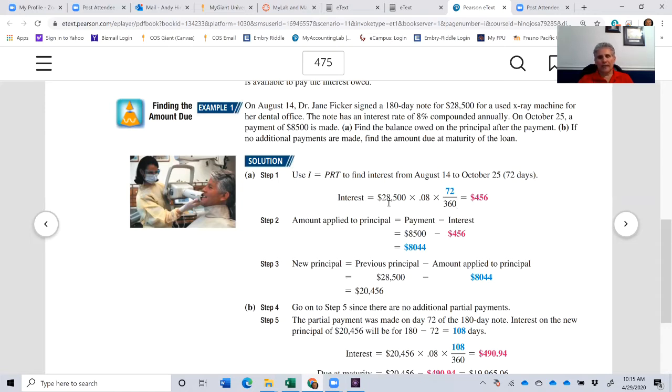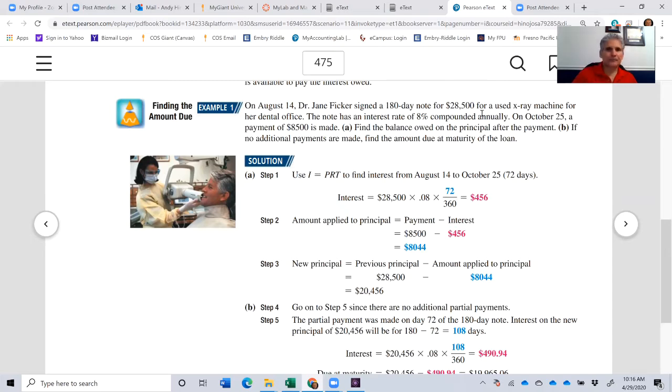If we take 28,500, multiply by 0.08, and then multiply by 72 over 360, we get $456. So think of it this way: between August 14th and October 25th, she has accrued, or she now owes to that date, $456 of interest.